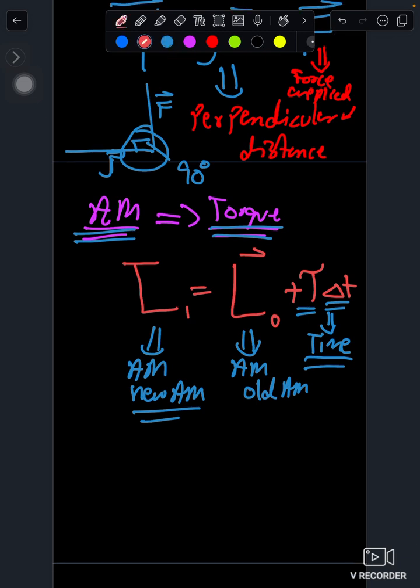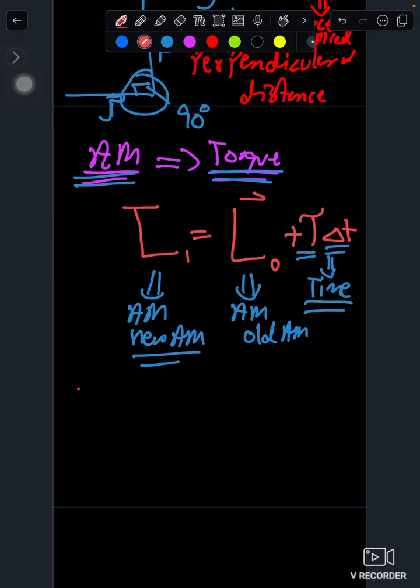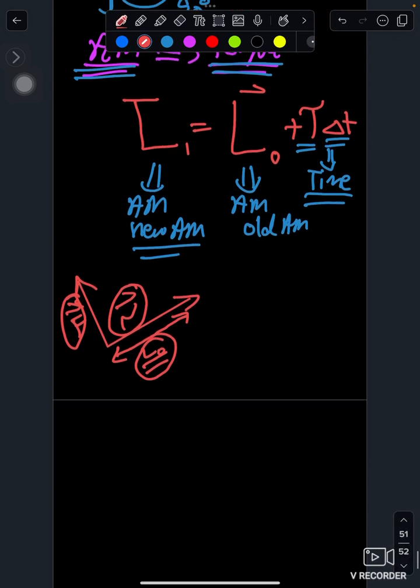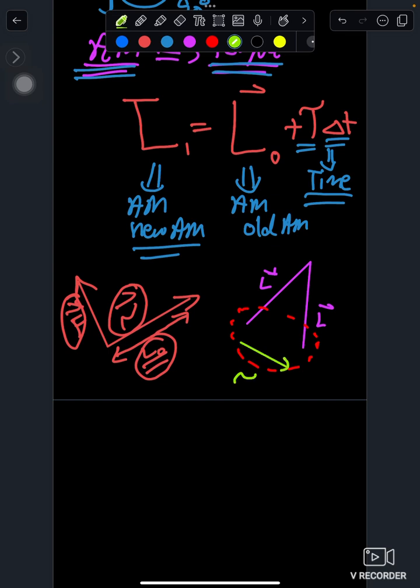This angular momentum is regarding rotation, so it makes sense.